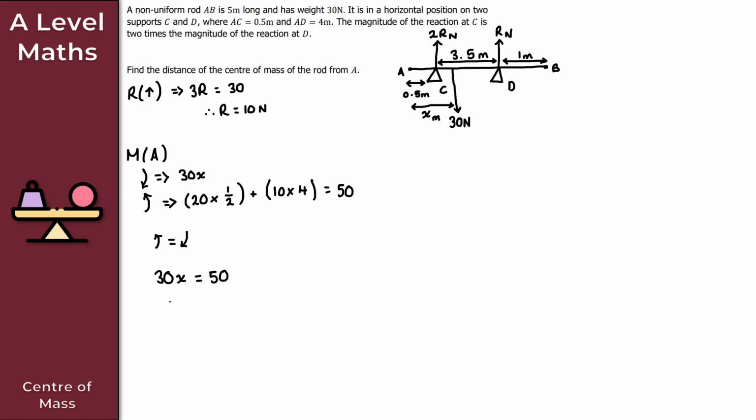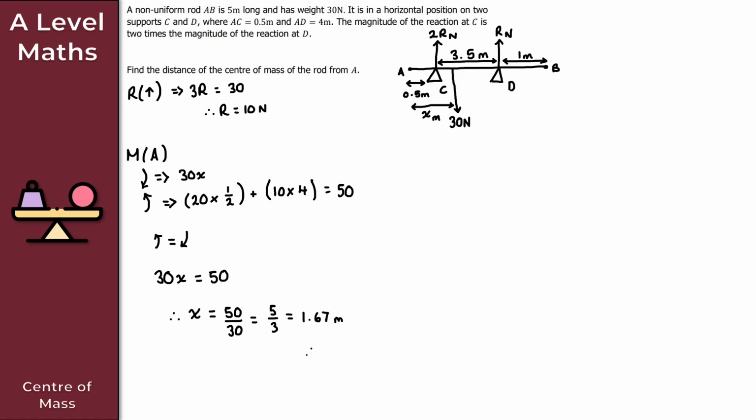Obviously we want to find the value of x, the distance of the center of mass of the rod from A. So just divide both sides by 30. Then x is equal to 50 over 30, which we can simplify to give us 5 over 3 meters. But let's give it to 3 significant figures, so we could give this as 1.67 meters.